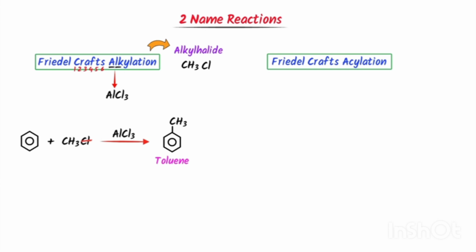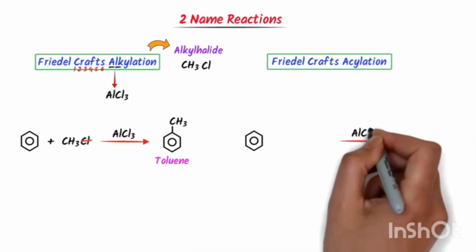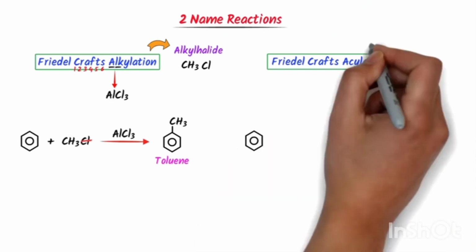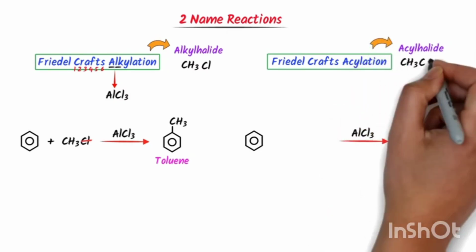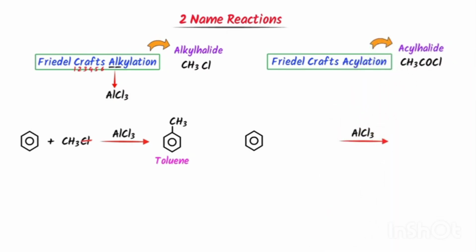In case of Friedel-Crafts acylation, I take benzene and add AlCl3, and I write them here. Now the word acylation means acyl halide, like CH3COCl. I write here CH3COCl. We know that here we cut Cl.